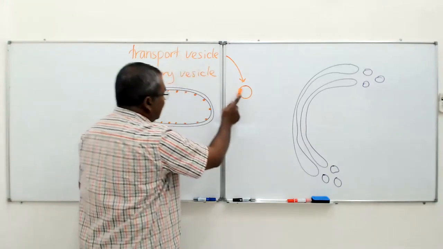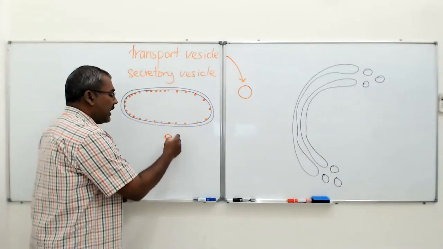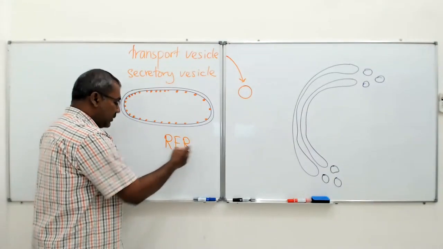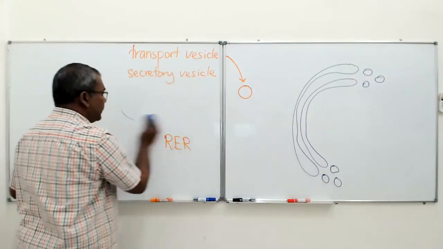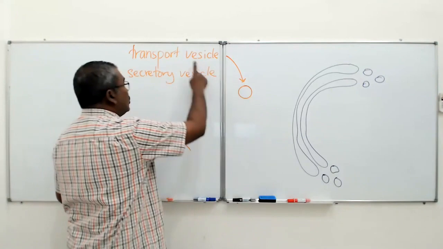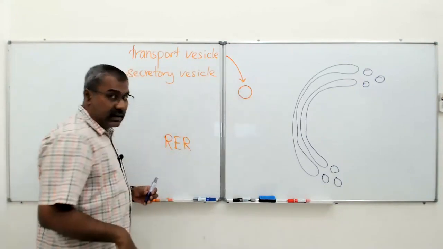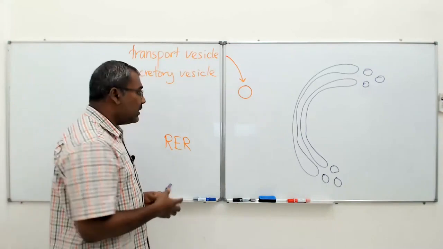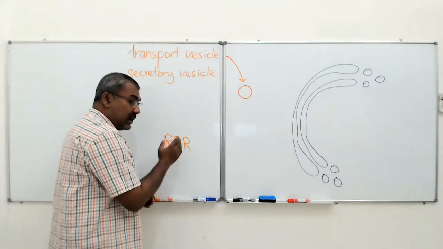So, transport vesicle ini datang daripada rough endoplasmic reticulum. Okay? Jalinan endoplasma kasar.